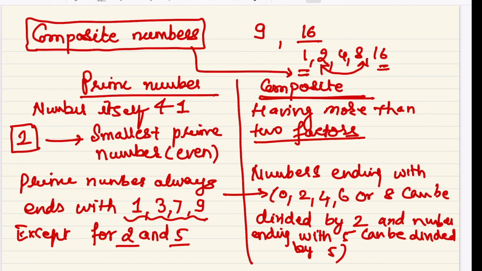So all prime numbers almost end with 1, 3, 7 and 9. 2 and 5 are exceptions.